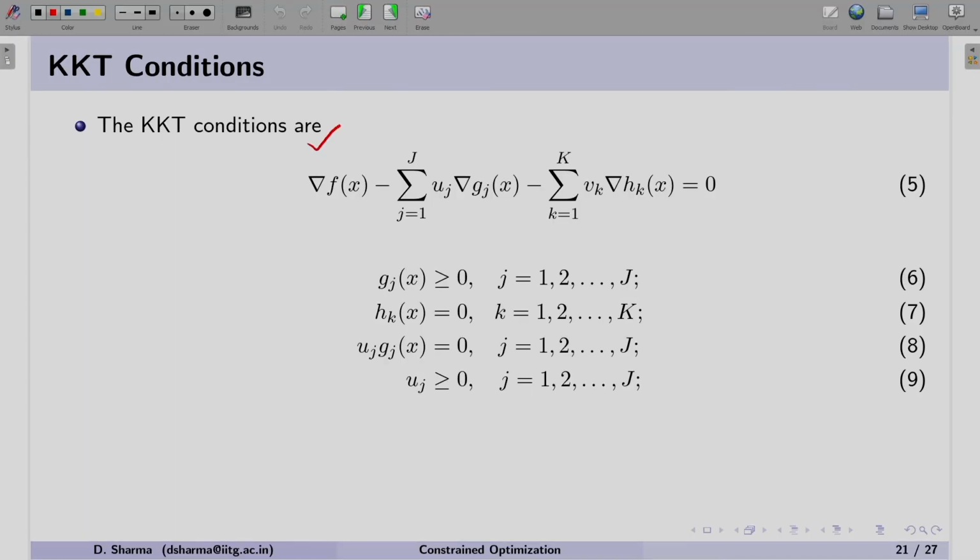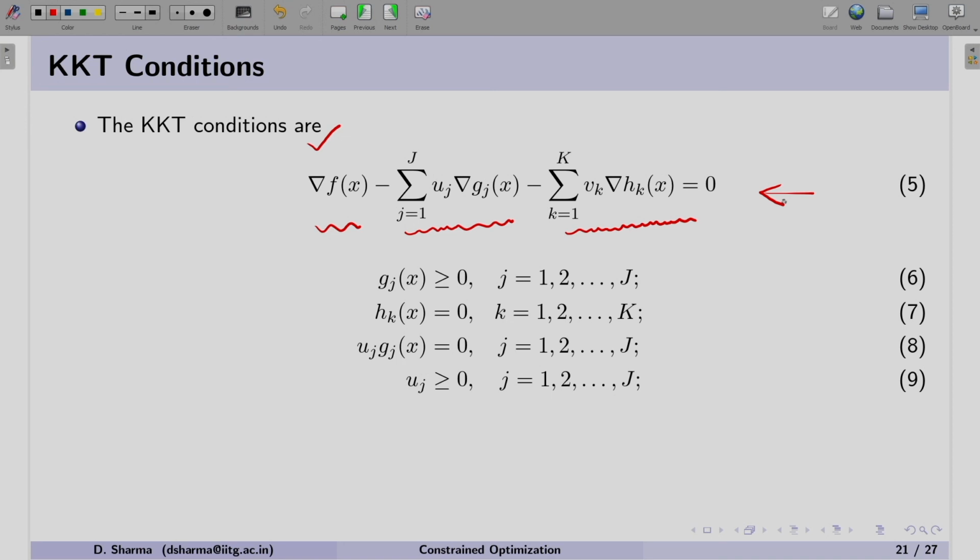The KKT conditions are, we have the gradient of the function minus the summation uj gradient of gj minus the summation vk gradient of hk of x equals 0. We get this corresponding to the optimality condition when we find the gradient with respect to x.